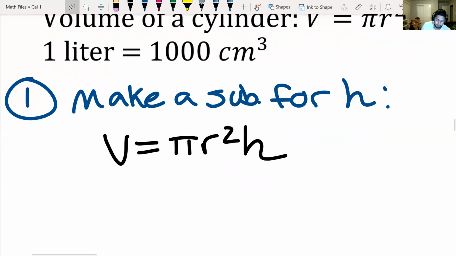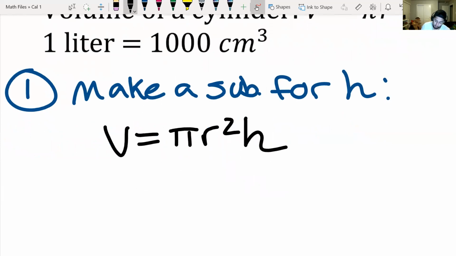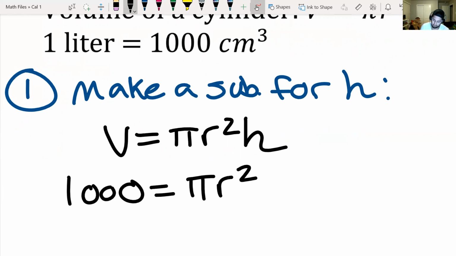So this means that we want this can to hold 1,000 cubic centimeters of oil. So we plug in the 1,000 for the 1 liter, okay?